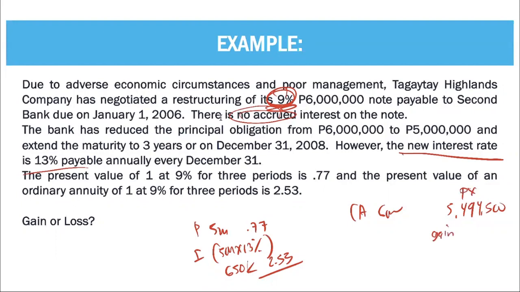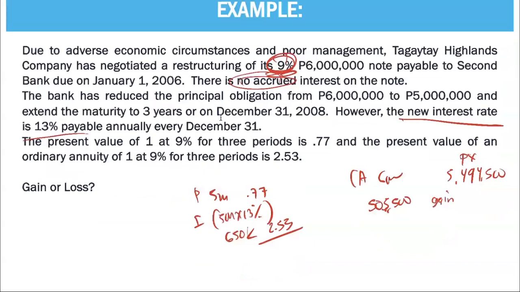So how much is our gain? 6 million less 5,494,500. We have a gain of 505,500. So let's check if we have substantial or not substantial. First, we divide the gain by your carrying amount.